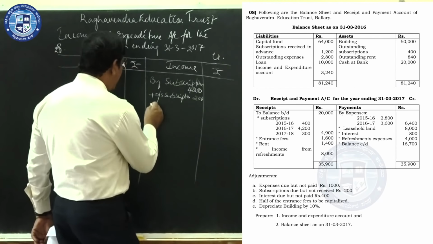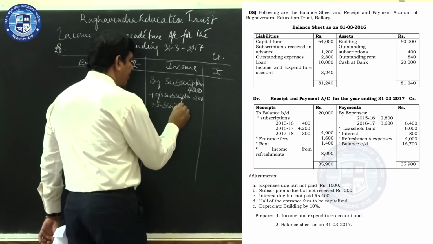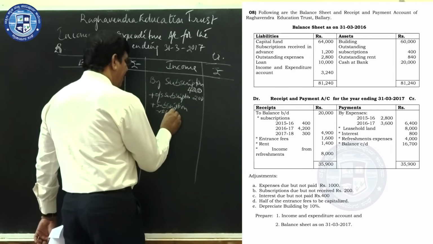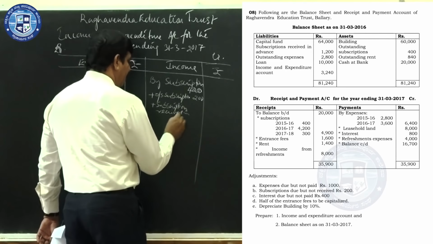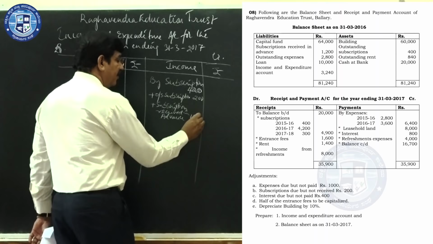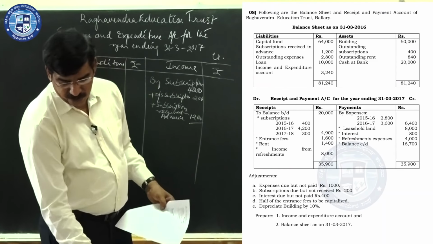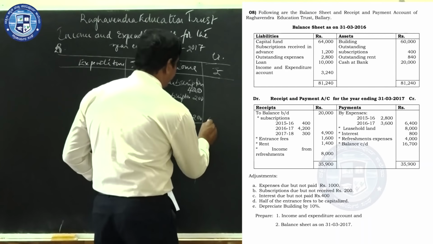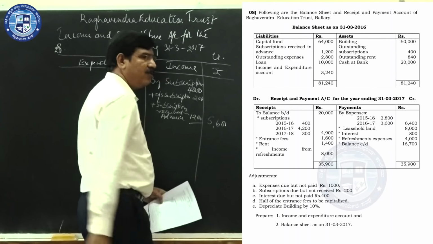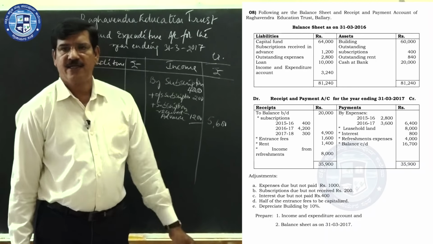That's why we have to add it, plus subscription received in advance 1,200. So once you add up this item, it will be 5,600. Okay, now let's go to the next item, entrance fees.